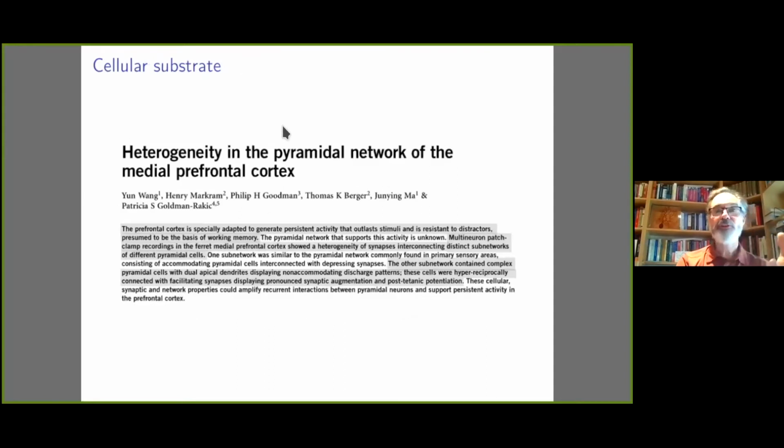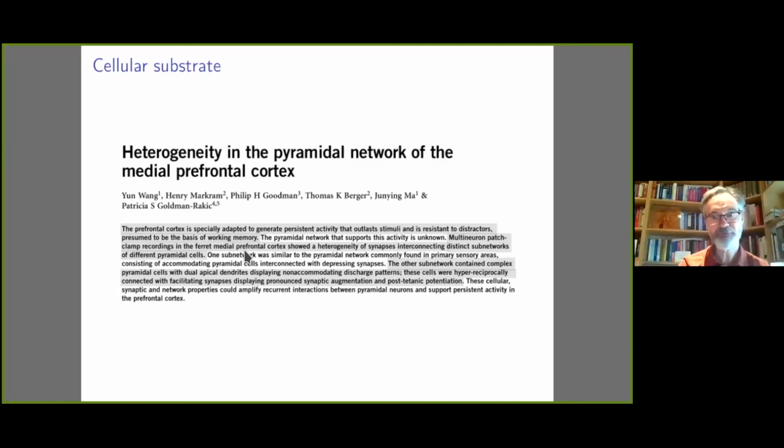Now, what about the virtual neurons that we saw in these experiments? There's a very interesting paper from 2006 from these guys, where they did experiments using slices of ferret prefrontal cortex using multiple patch clamp recording. So they put several electrodes and they can record several neurons at once.